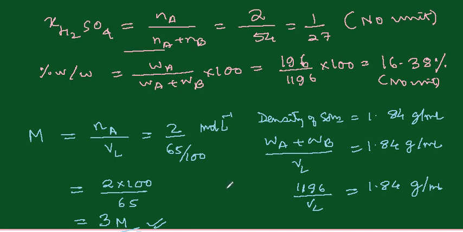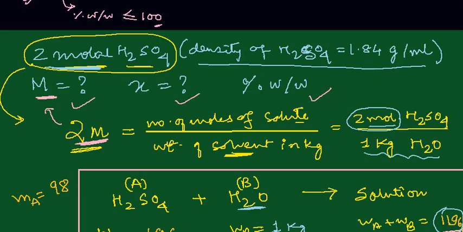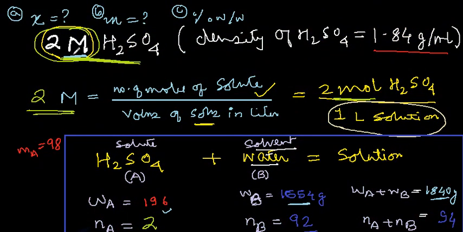That is what we have arrived at for our value of molarity. So now we know how to convert molarity into the mole fractions, the molarity into the molality, the molarity into the percentage by mass.